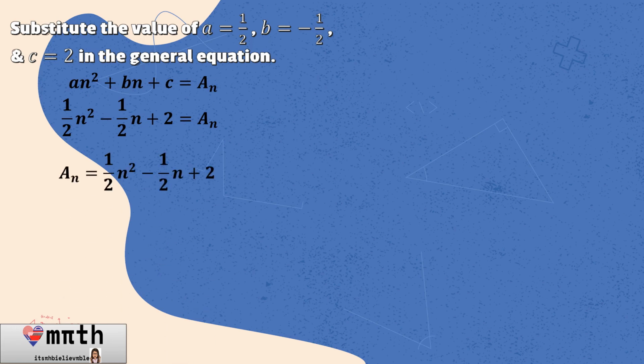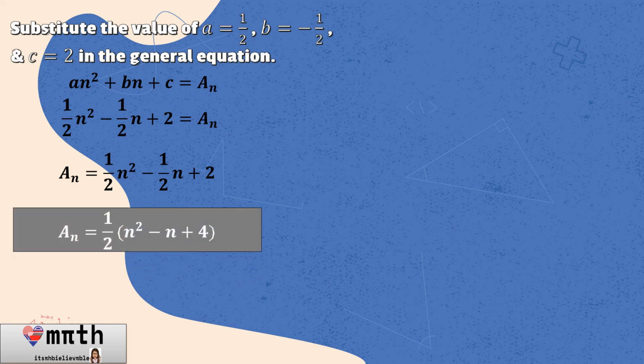And rearranging it, it will be A sub n is equal to 1/2 n raised to 2 minus 1/2 n plus 2. So the final answer will be A sub n is equal to 1/2 times n squared minus n plus 4.